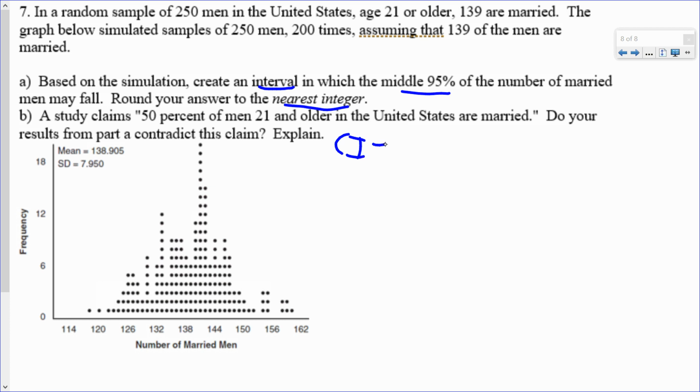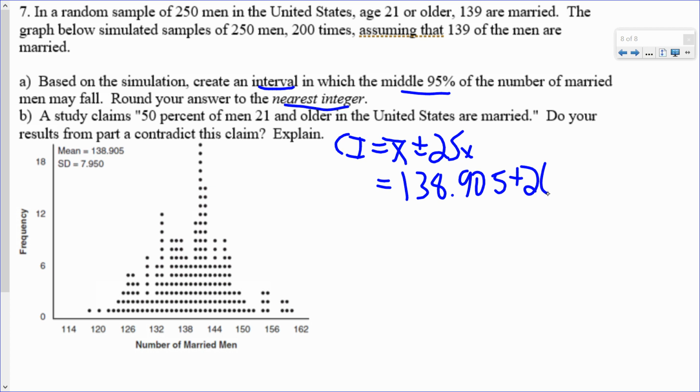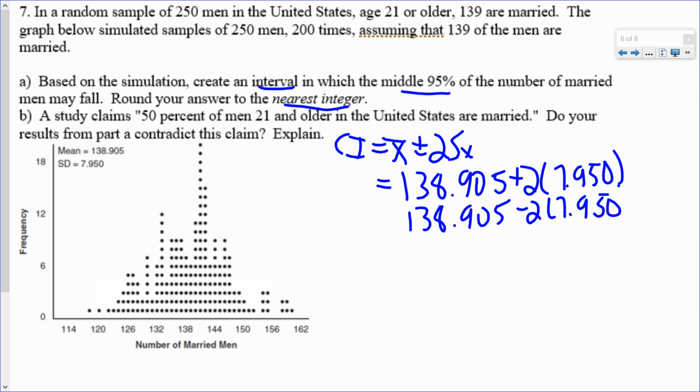So the confidence interval is the mean plus and minus 2 times the standard deviation. It's 138.905 plus 2 times 7.950, and it's 138.905 minus 2 times 7.950.